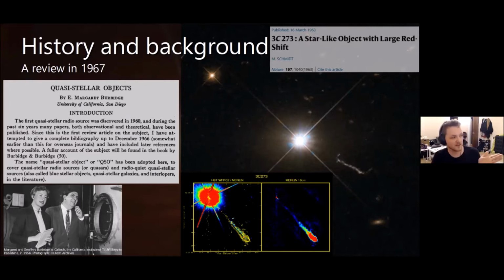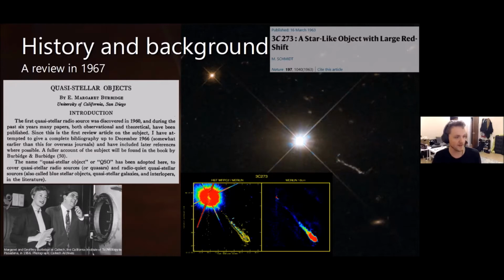I only chose to include a review here. In 1967, Margaret Burbidge did a review on quasi-stellar objects, because what a lot of radio astronomers had seen was a star-like object. One object in particular is 3C 273, the one you see on the right.